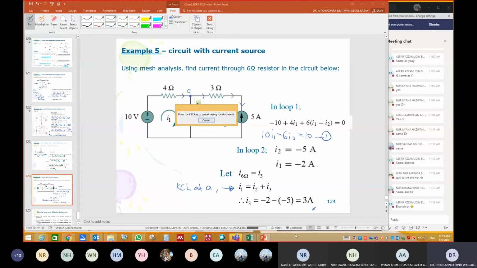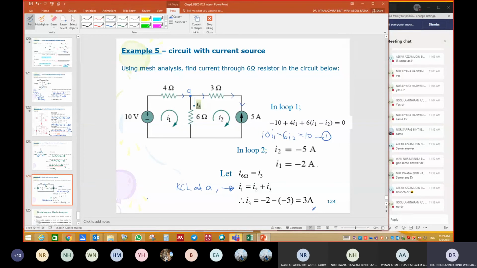Actually, mesh analysis is easy. Nodal analysis is easy. But you can choose either one, whichever is easier to fit with the circuit. So nodal versus mesh.